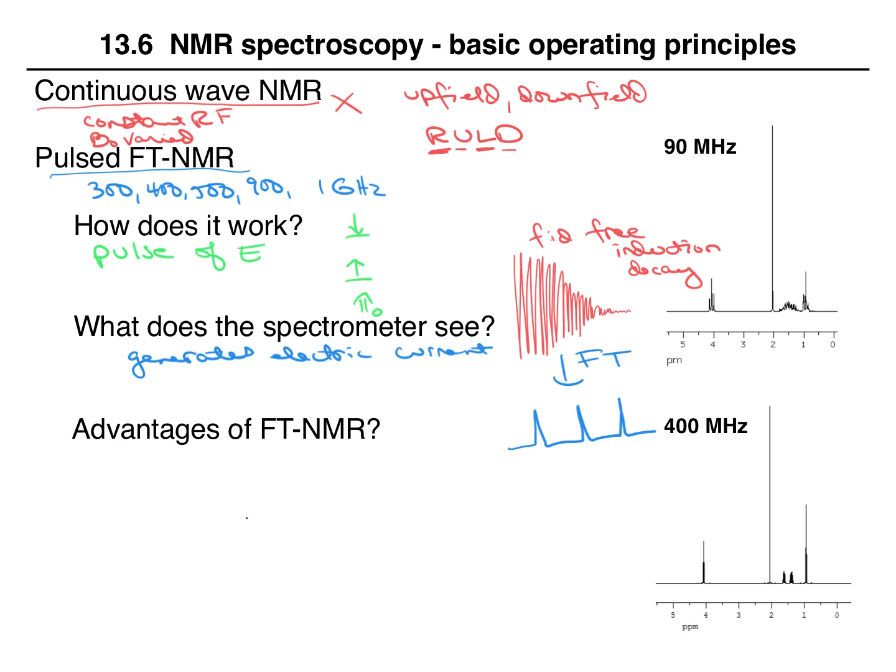Why do we need this if it is so complicated? Well, there are many advantages to FT NMR. So one of them is that there is better resolution, because you can use a higher magnetic field strength, that is going to lead to a greater separation.